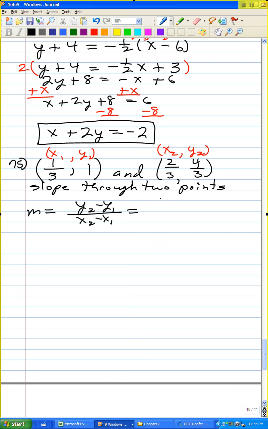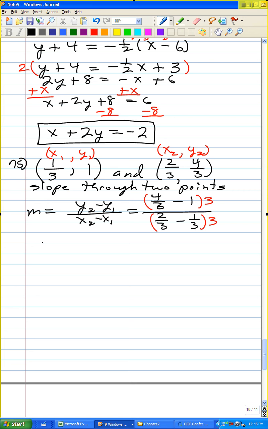And so 4/3 minus 1 over 2/3 minus 1/3. So, maybe I'll do it this way since it's all over 3. Let me multiply each term by 3.